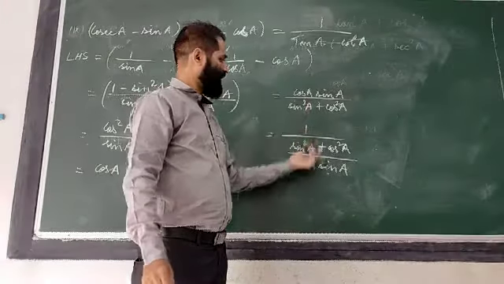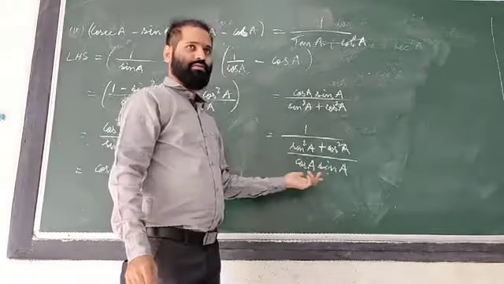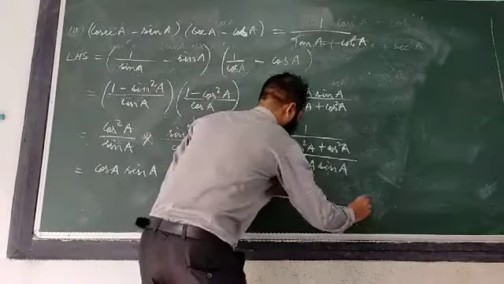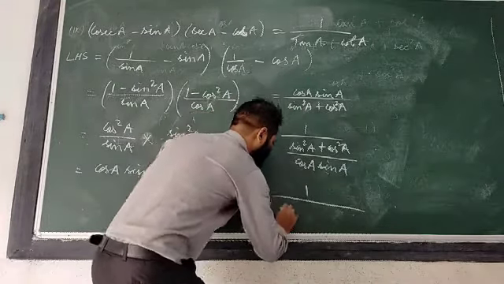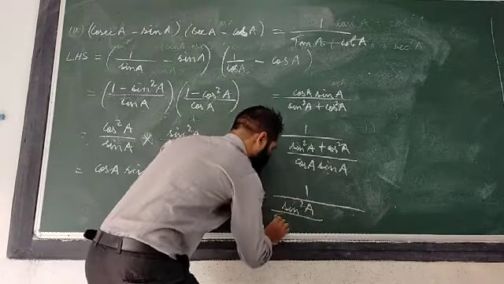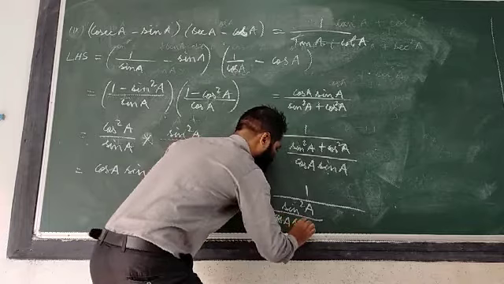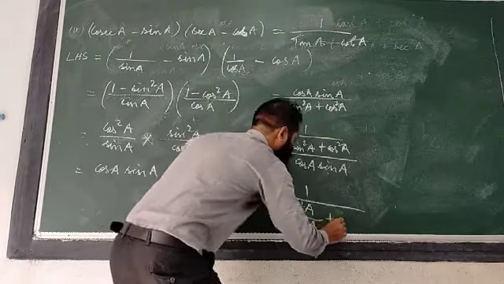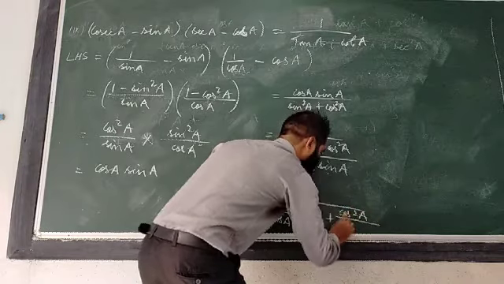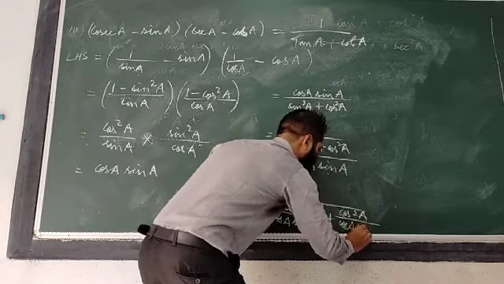So that is the same thing I have written here. Understood or not? Now this is 1 and this can be written as sin square A by cos A sin A plus cos square A by cos A sin A.